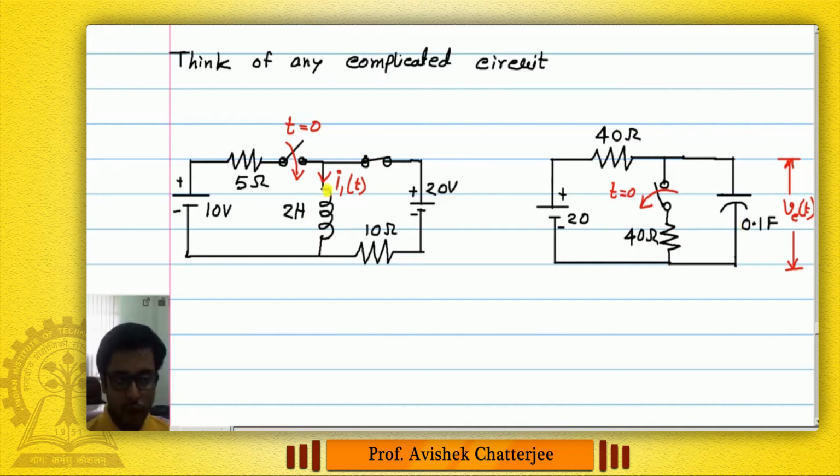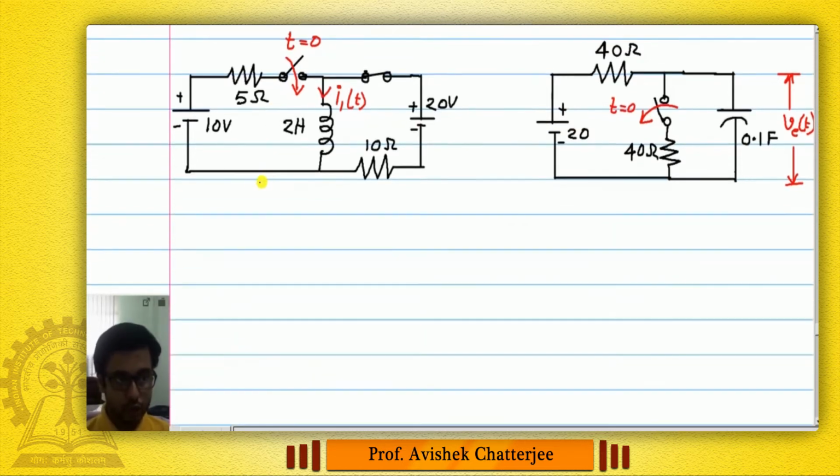Now, how can one solve such transient circuit problems in a normal way? To solve a circuit problem, one needs to use the laws of electrical circuits, laws of physics, which are essentially this.